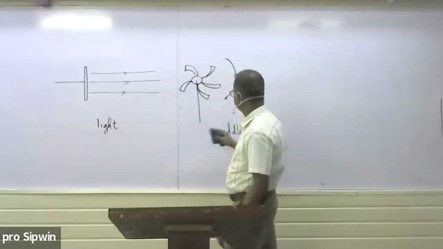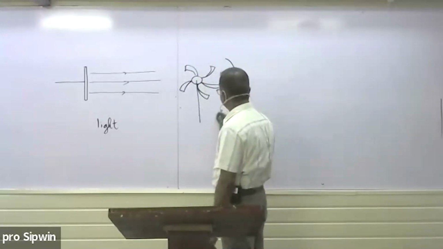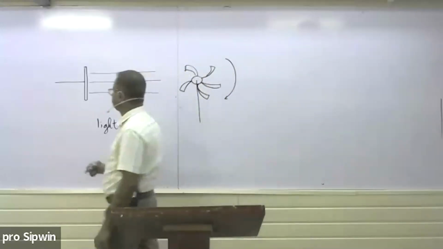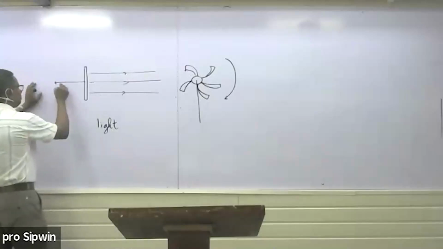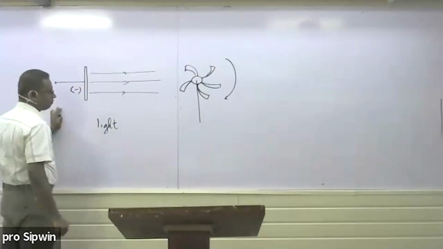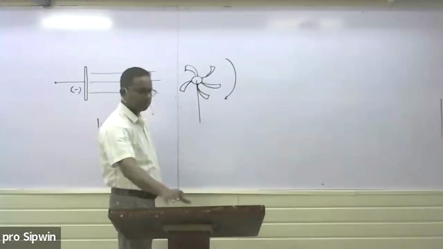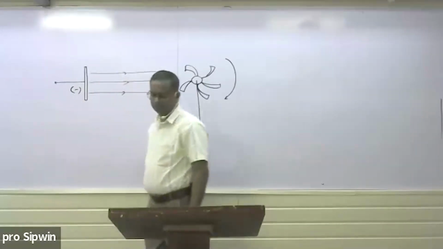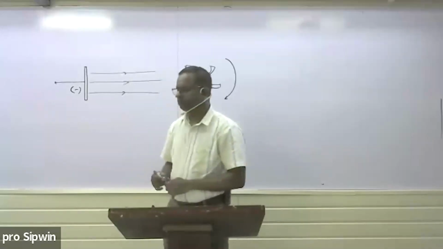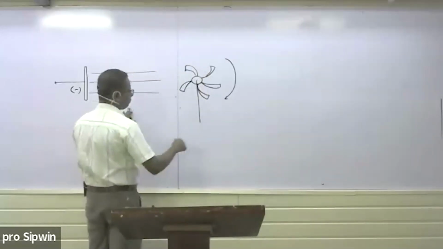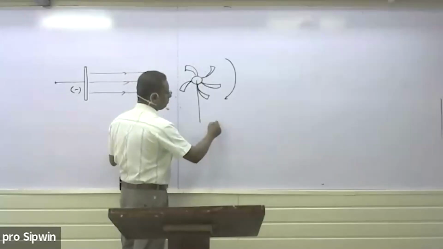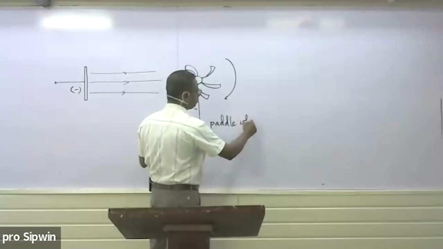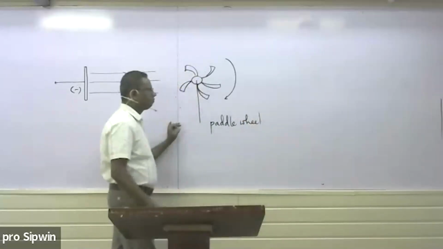Simply draw it, no need for the other part. Cathode here, paddle wheel here.